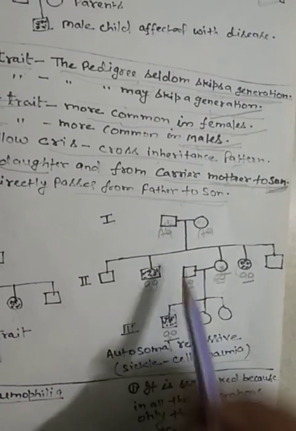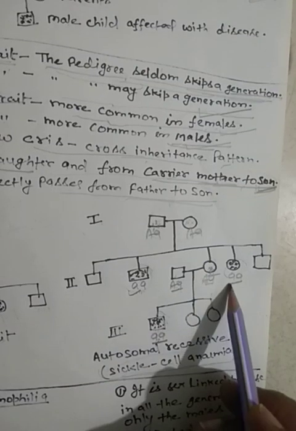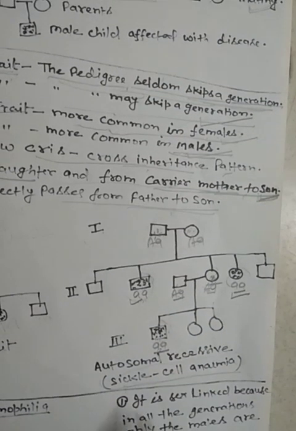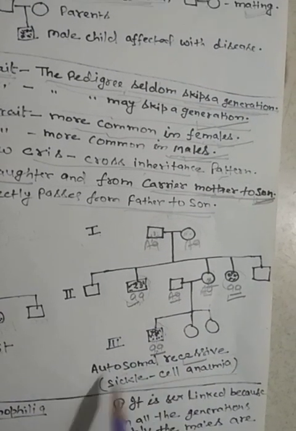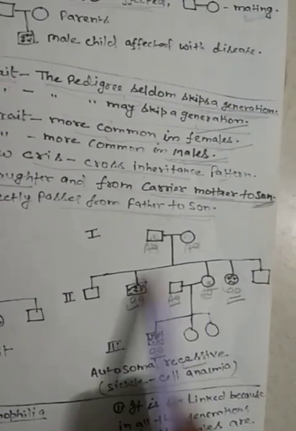If they reproduce, they can produce this type of genotype in the progeny. So this is the autosomal recessive disease, and now you can find what the genotype will be, as we also learned here. Now we talk about another disease.